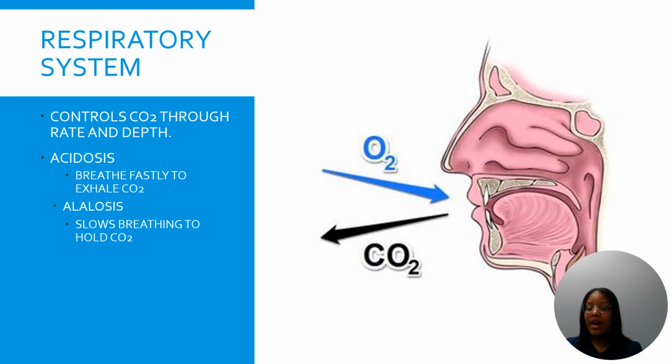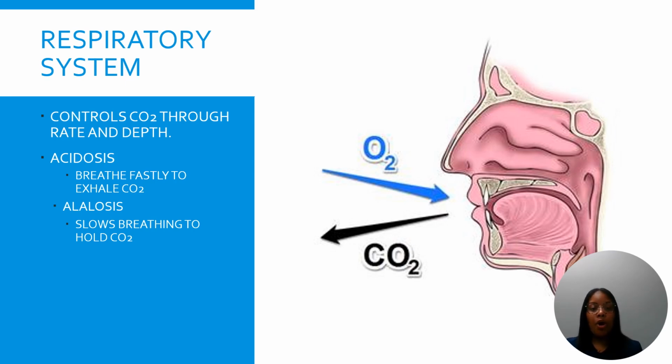Now, if your patient is in alkalosis, meaning they're basic, right? They've got a lot of base going on. They don't have that much acid going on. That patient is going to breathe really slowly because they're going to want to hold on to that CO2. As that patient holds on to that CO2, it's going to bind with the water in their body and make carbonic acid. Carbonic acid is then going to break down to hydrogen ions, which is an acid, and that's going to cause the pH to be lowered, which is good for this patient because their pH is super high.